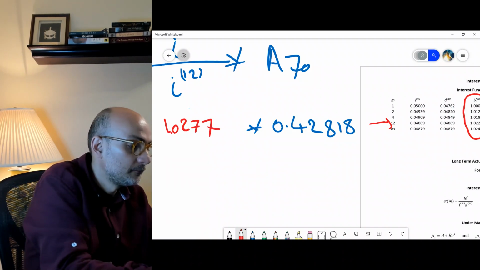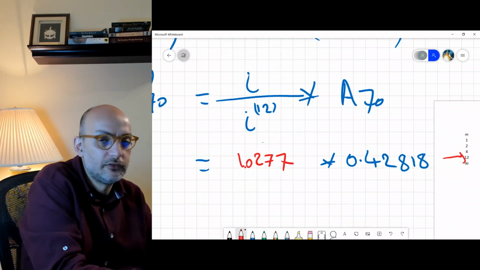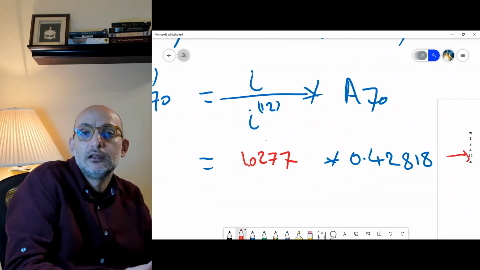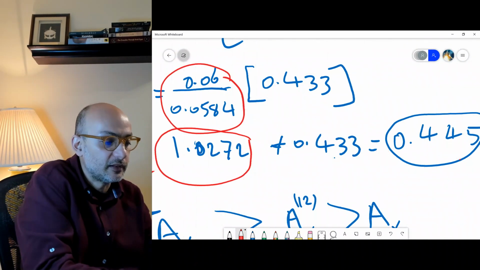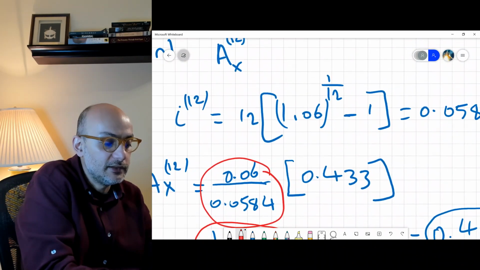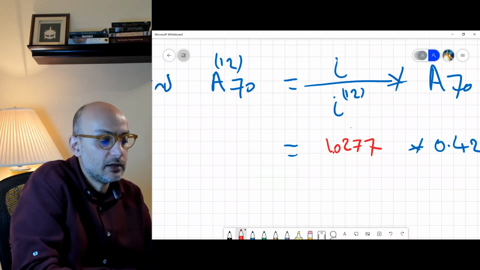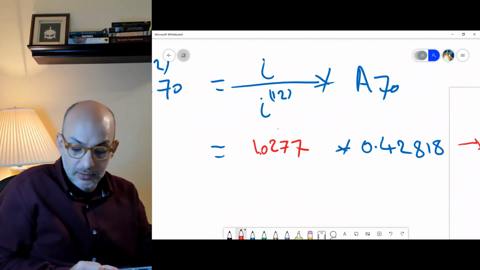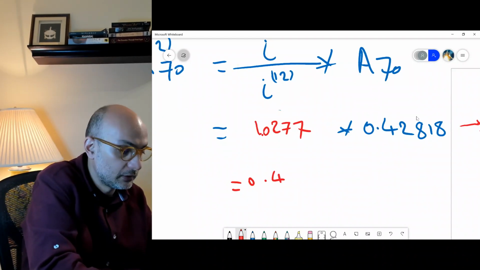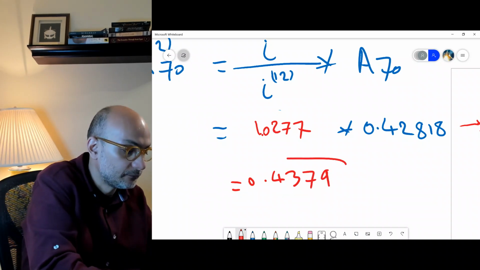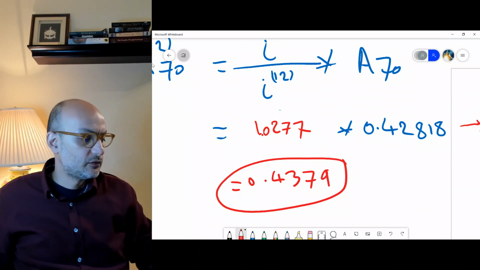So you don't need to calculate it if I give you the standard life table, but I might give you different life tables. Like before, I gave you 6%, so you cannot find it there. So you always need to know how to do it. This 1.0277, you multiply it by this one, it will give you 0.4379, right? Which is bigger than A70. All right, I think we finished this one using the life table.